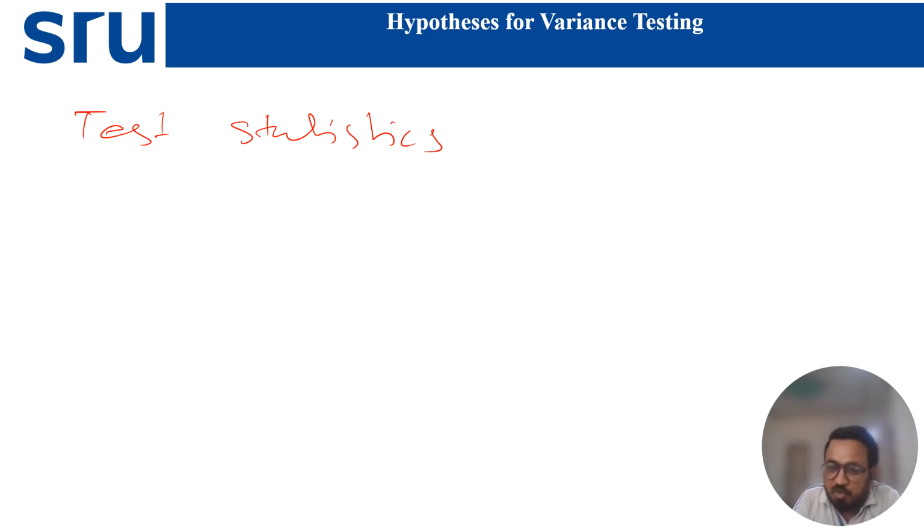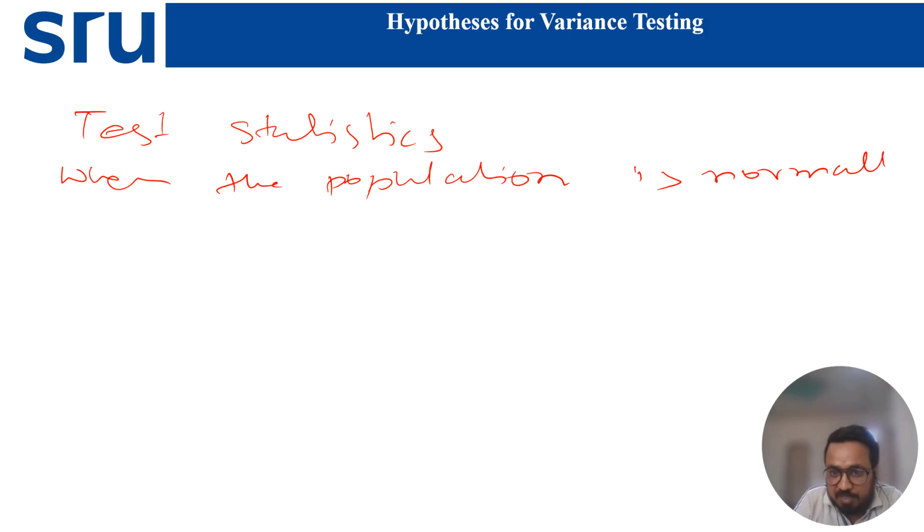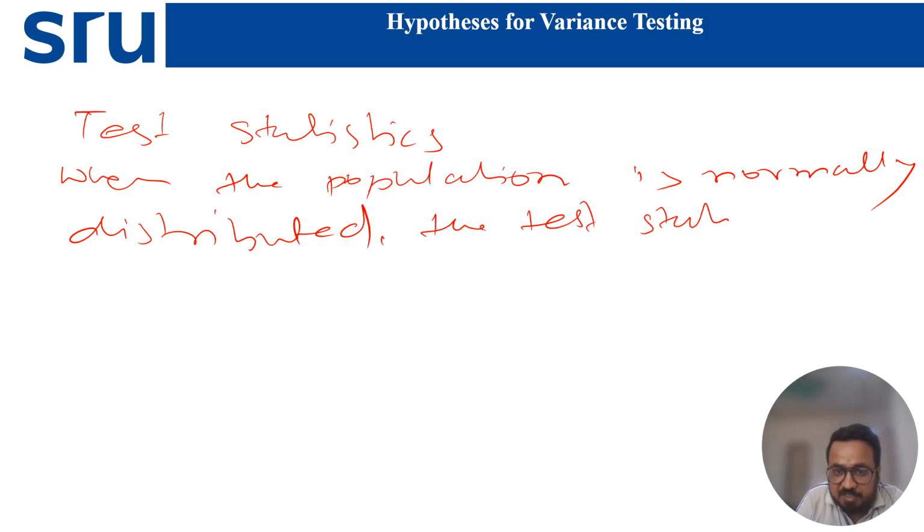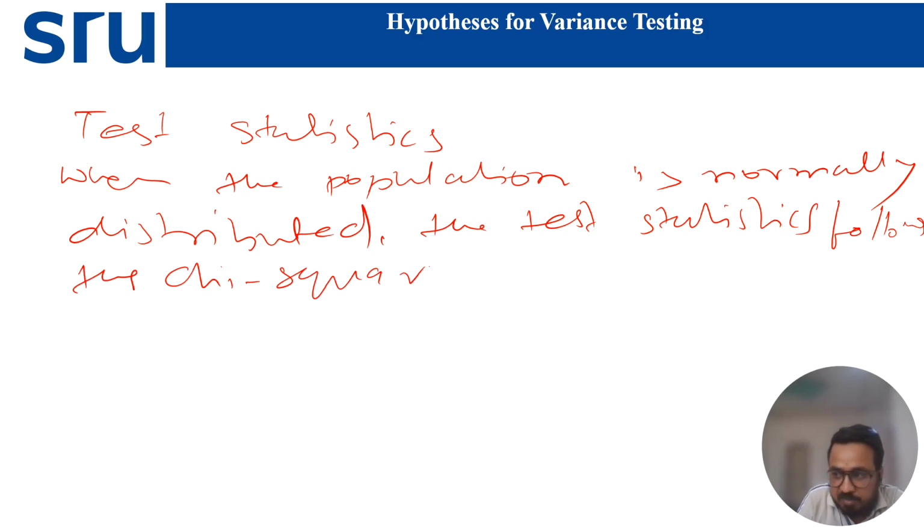When the population is normally distributed, the test statistic for the variance follows the chi-square distribution.